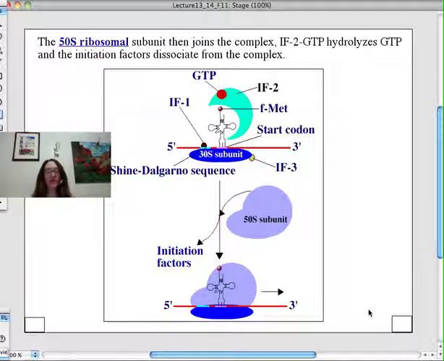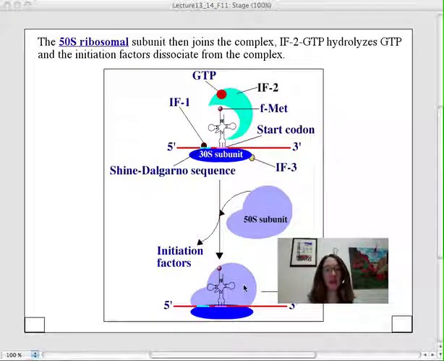And now we have formed a full ribosome ready to head on down the mRNA, reading one codon after another and beginning to build that long polypeptide chain. So at this point, we go from initiation into elongation, and that'll be our next step of the process.